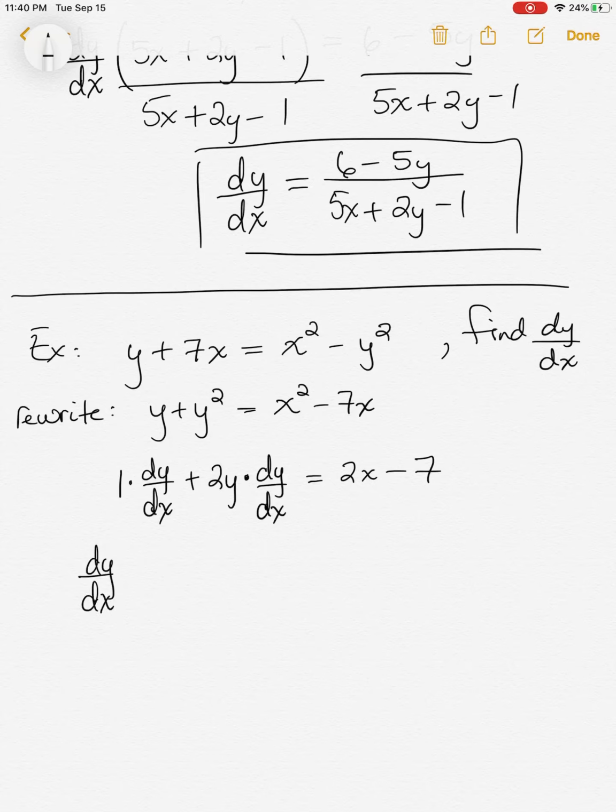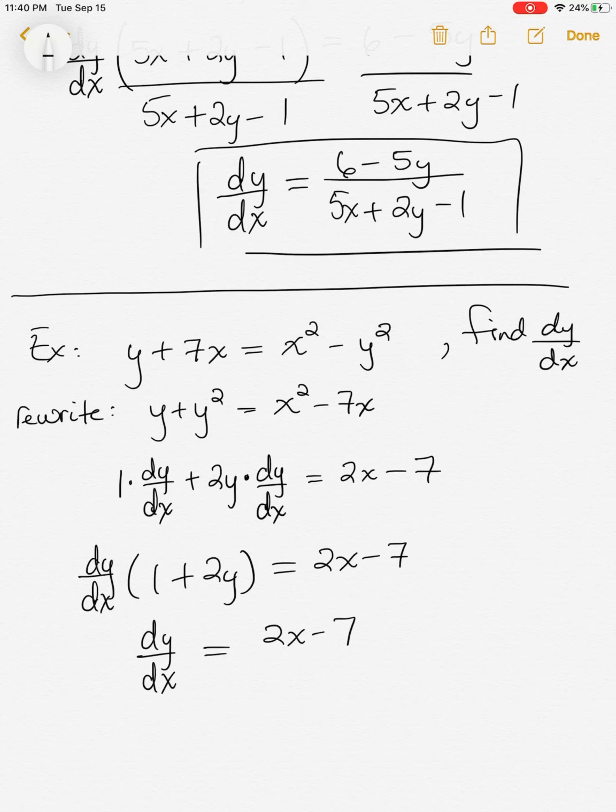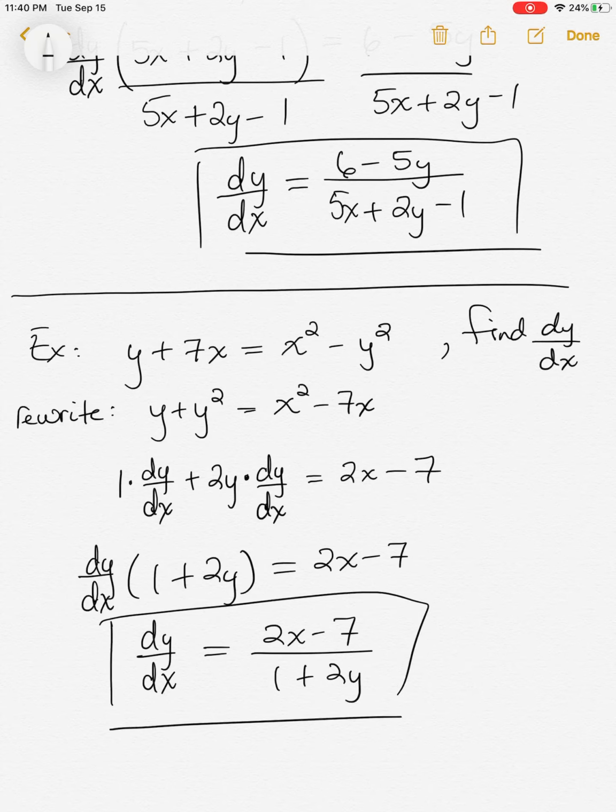All right, factor out our dy/dx times (1 + 2y) equals 2x - 7. Therefore, our dy/dx equals (2x - 7) over (1 + 2y).